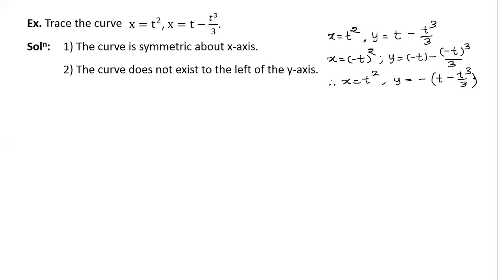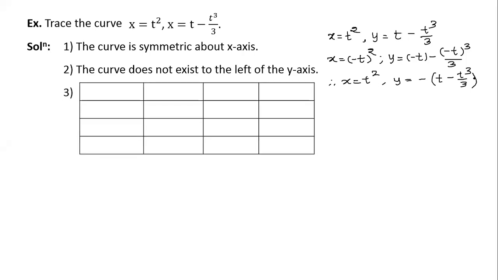Now see x equal to t square, we have to put any finite real number in place of t, and for any such t square, that is x, will be non-negative. It will be 0 or greater than 0. So curve does not exist to the left of y-axis logically.